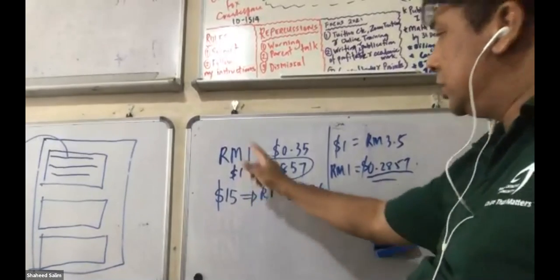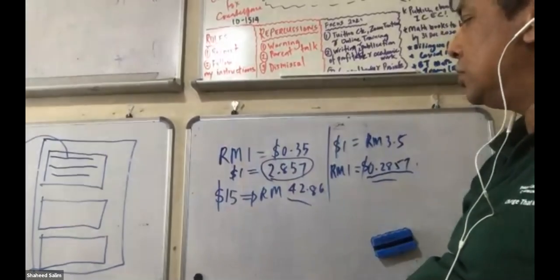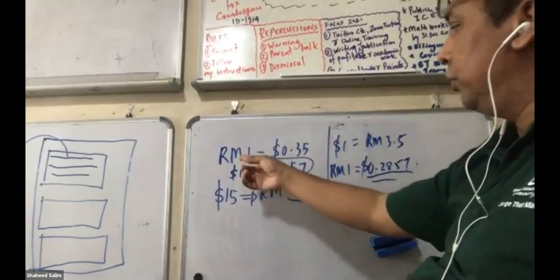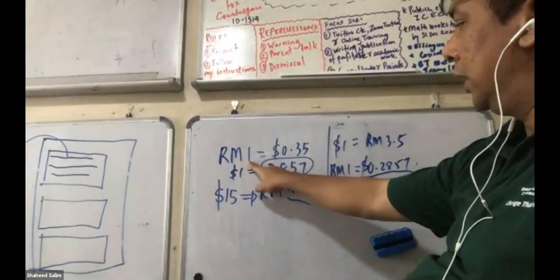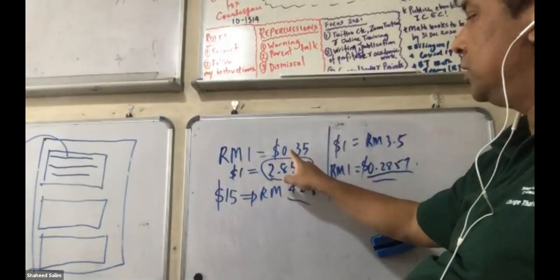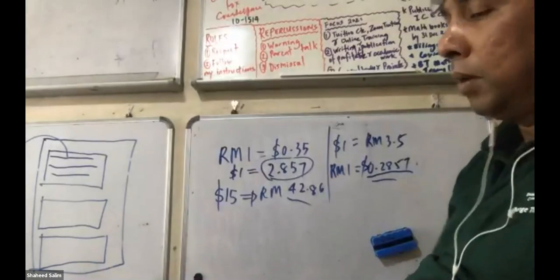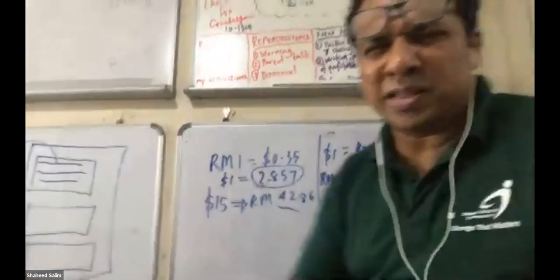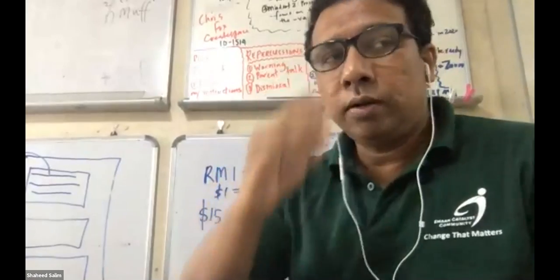It's either this divided by this or this divided by this. In order to find out which one, just ask yourself, is this figure supposed to be more than the other one? You can see which one is stronger. If this one is 1 ringgit and this is less, that means this is stronger. Means for a few cents, you can get 1 ringgit. But for Malaysians coming to Singapore, they say, well, very expensive. Why? Because for many ringgit, you get a few dollars. So you get what I'm saying.